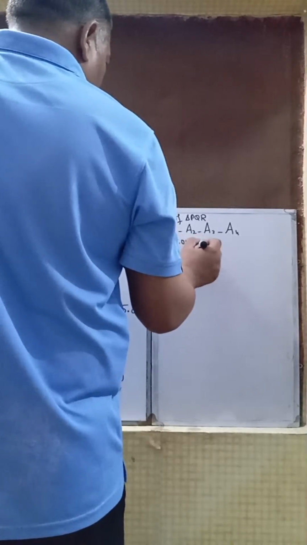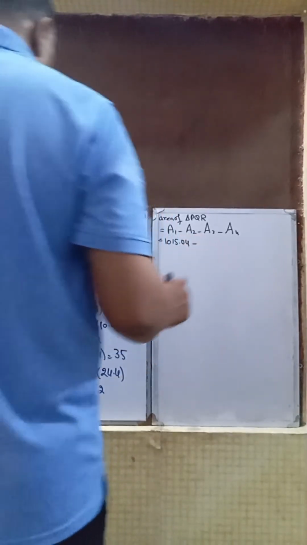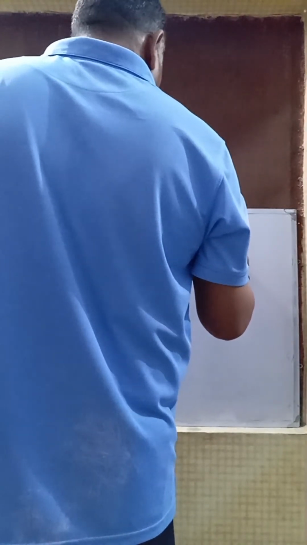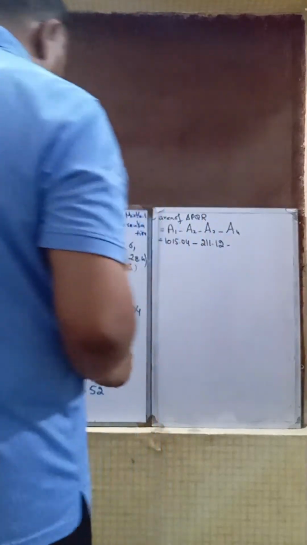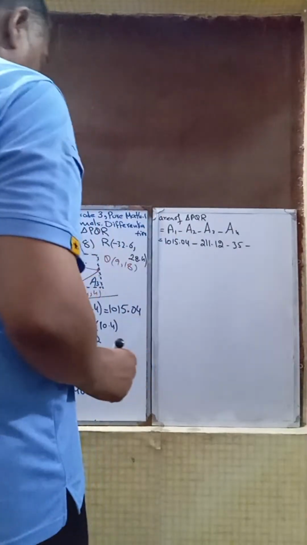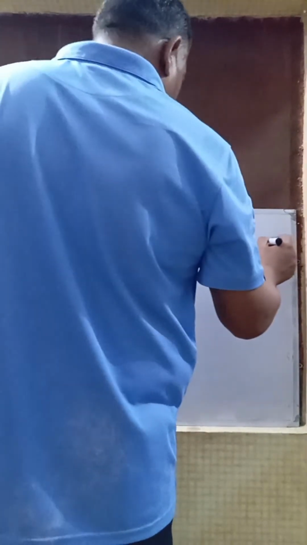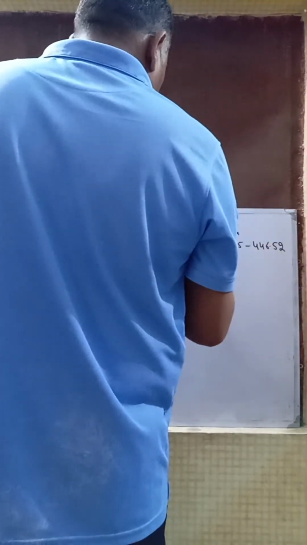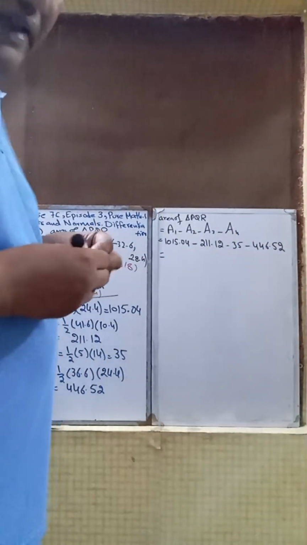The area of the whole rectangle is 1015.04, minus area 2, which is 211.12, minus area 3, which is 35, minus the next area 4, which is 446.52. So this is how you can find the area of this.